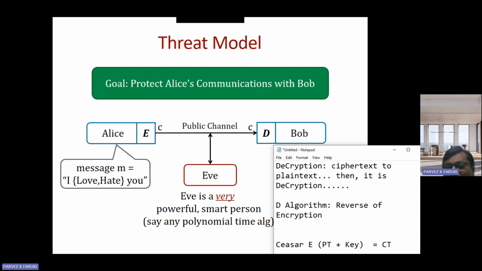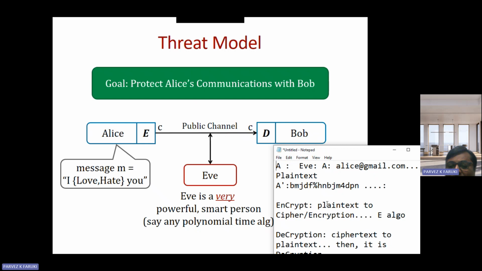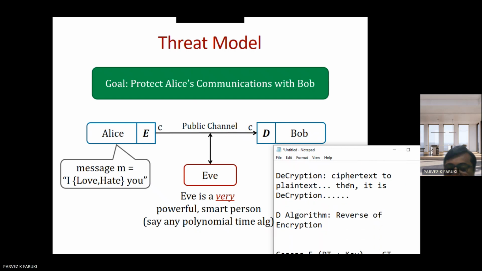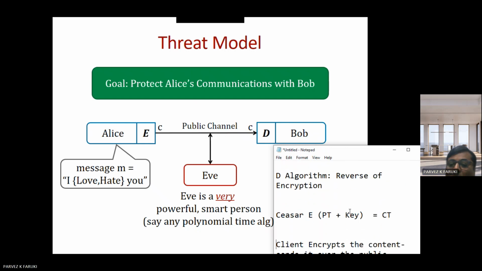So Caesar encryption will require plain text. What is the plain text? The plain text is the username and password of Alice. Or, for the sake of simplicity, let me make it simple. The important thing is the password. And let's say my password is something like this: Hello.